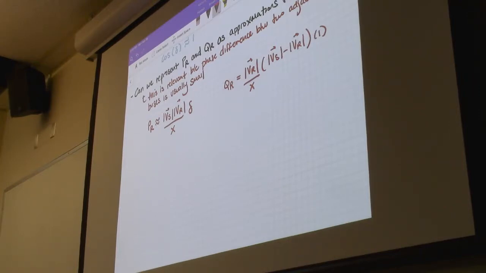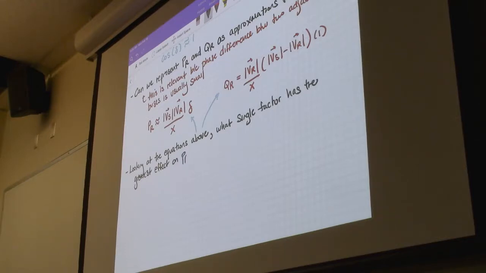Okay, so now, looking at the equations above, what single factor has the greatest effect on PR and what has the greatest effect on QR?